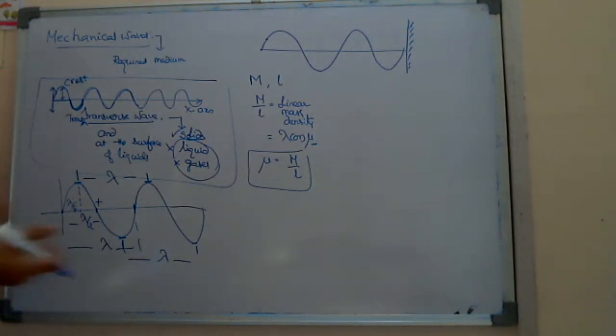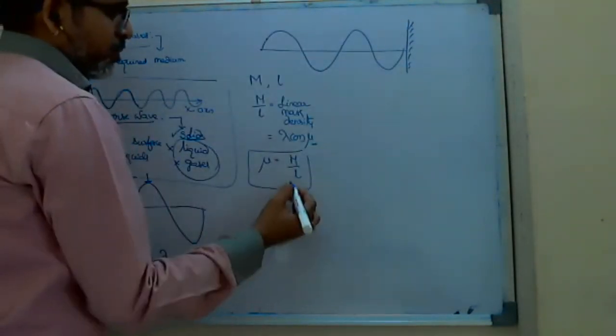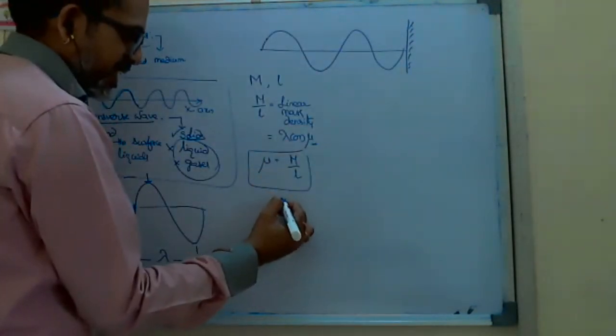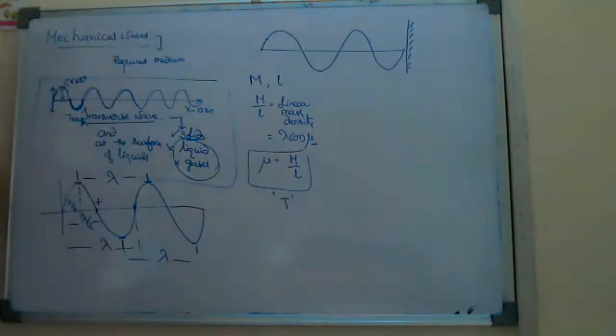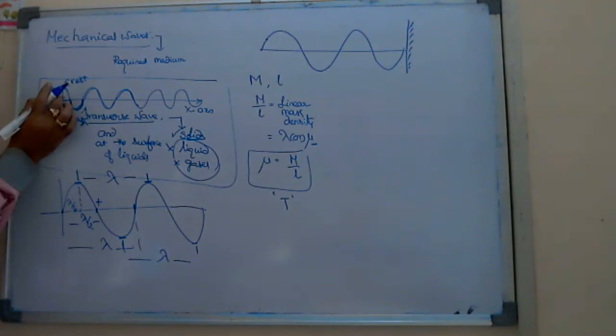Suppose in the string, anywhere the tension is T. Means you have to understand that if there is no tension in the string, there is no creation of transverse wave. What I am saying indirectly: to obey the fundamental condition to pull that molecule which is trying to go up, we require some internal force between them.